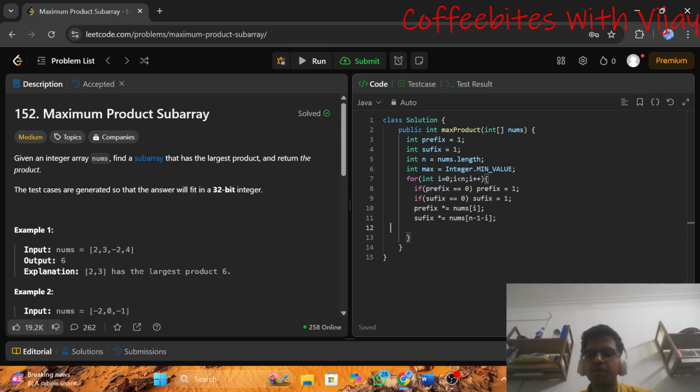Okay, I'll store the minimum value inside max, and I'll compare this max with the prefix and suffix, that is max equal to Math.max of max comma, I will calculate the maximum value between the prefix and the suffix, that is again Math.max of prefix and suffix.